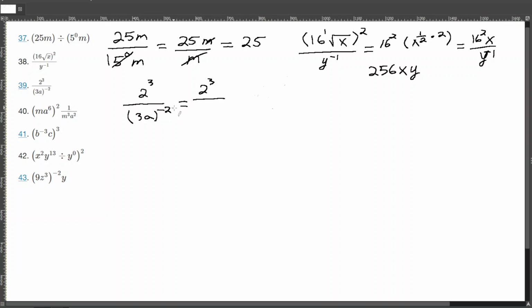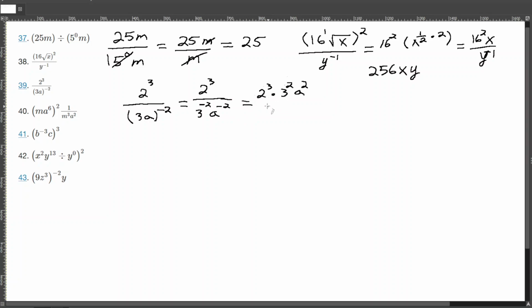Here we have 1 times negative 2, so that's going to be 3 to the negative 2, and here we have a to the negative 2. These are both going to go up top, so we'll end up with 2 to the third power times 3 squared a squared. So these just went to the top.